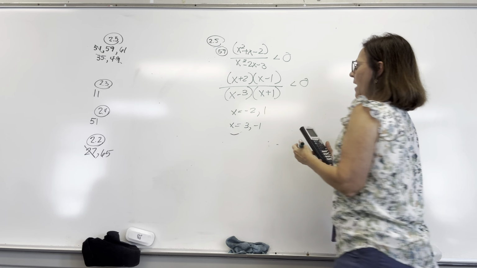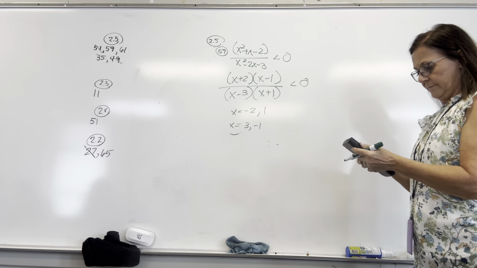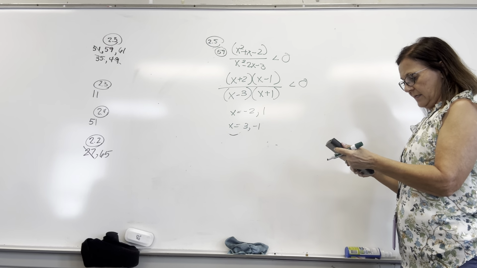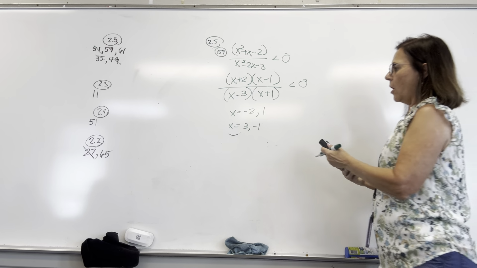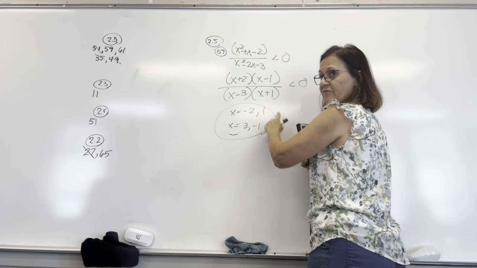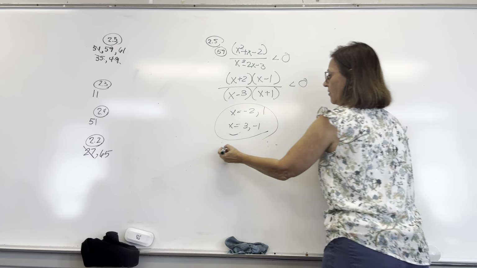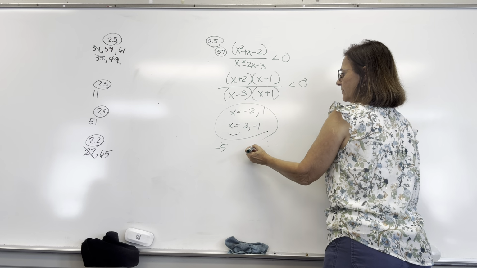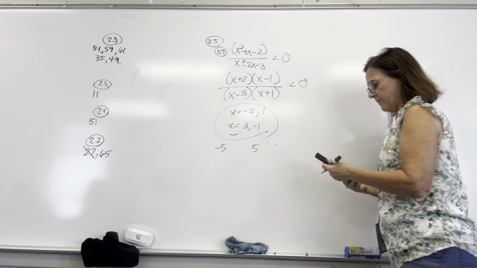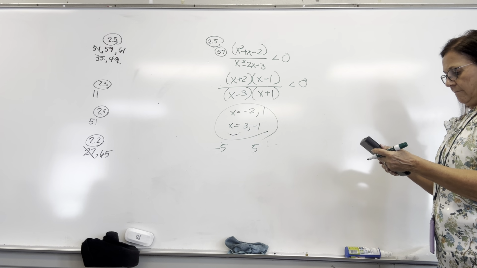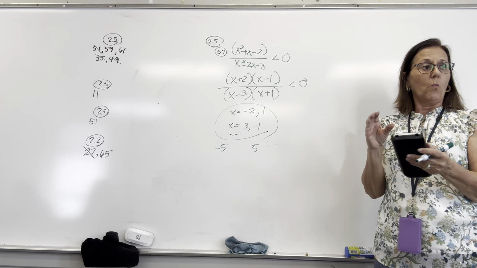Parentheses, divided by the numerator. So x squared plus x. It's going to look weird, but you only want your window to be this for x. So I'm probably going to go negative 5 to positive 5 for x. What about y? I want to see close to the x-axis, so y negative 1 to 1.